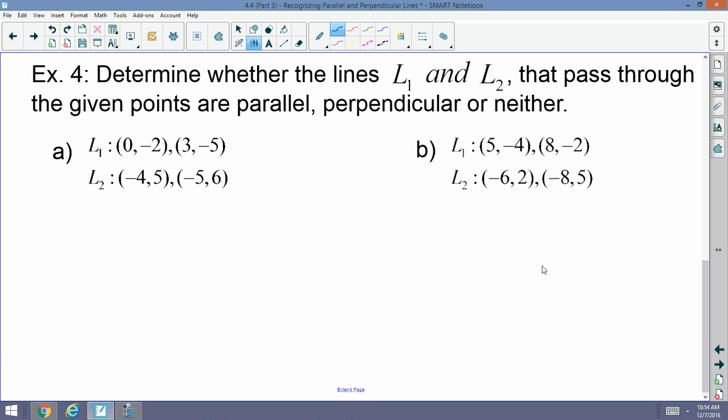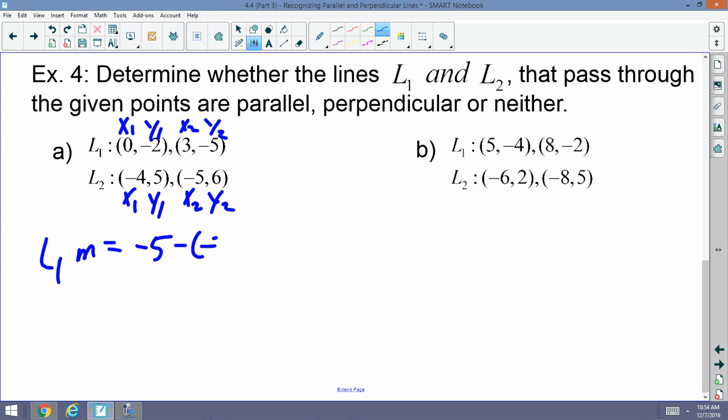So now we've got x1, y1, x2, y2. And for line 2, x1, y1, x2, y2. So for line 1, the slope will equal negative 5 minus a negative 2 over 3 minus 0, which is negative 3 over 3, which equals 1.